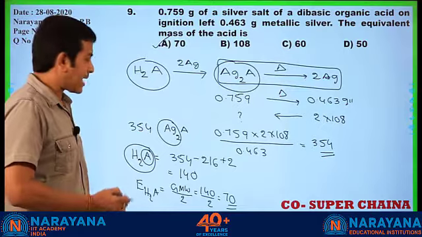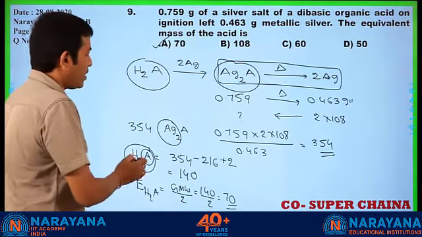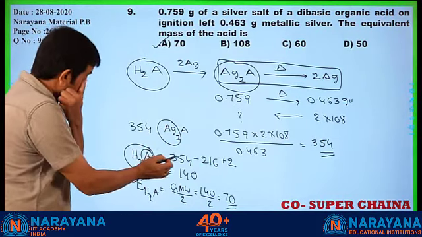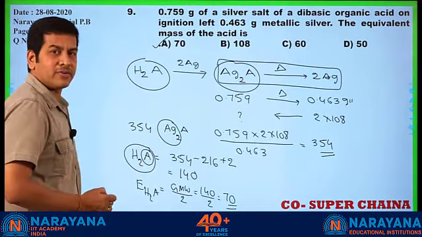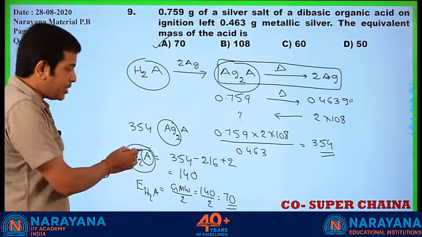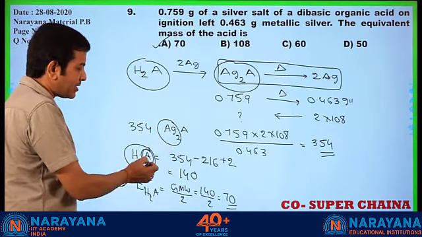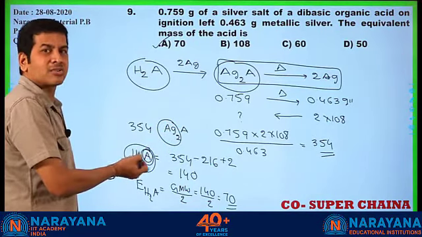So 354 is the Ag2A molecular weight. From that, let us calculate the H2A molecular weight. Remove 2 Ag weight, 2 into 108, minus 216, then you will get only the A weight. Add 2 because the hydrogen atomic weight is 1.